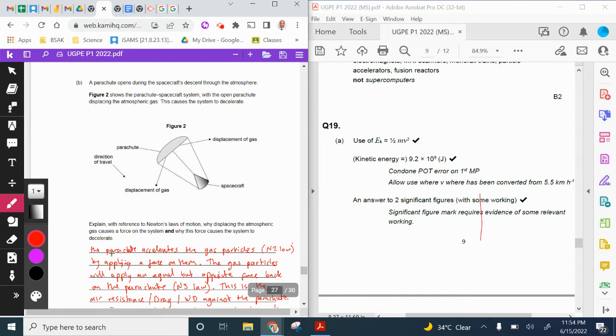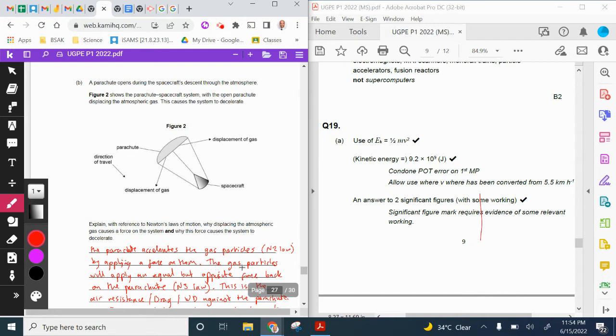So this is where you start off from. So the parachute is pushing on all of the gas particles and accelerating them by applying a force. You could talk about there's a rate of change of momentum of the gas particles, and that's directly linked to Newton's law, and we have to mention and reference Newton's law as much as possible.